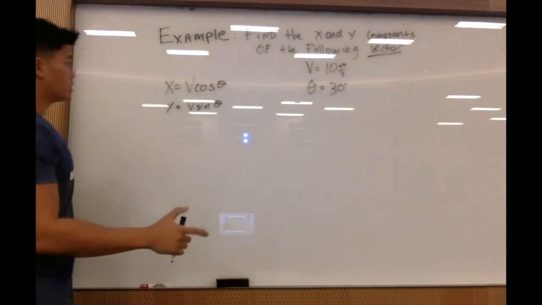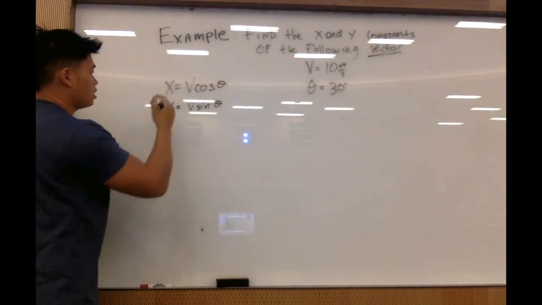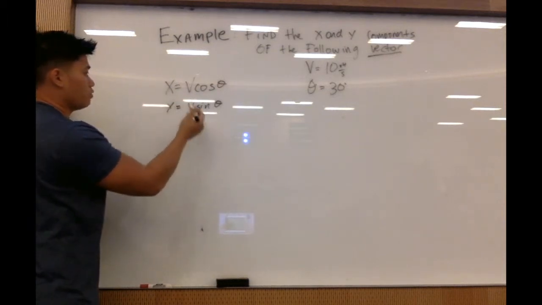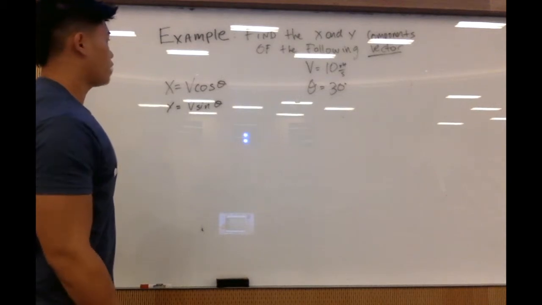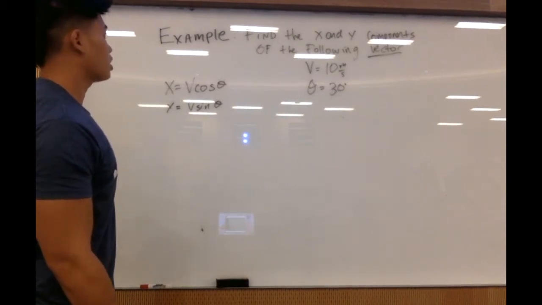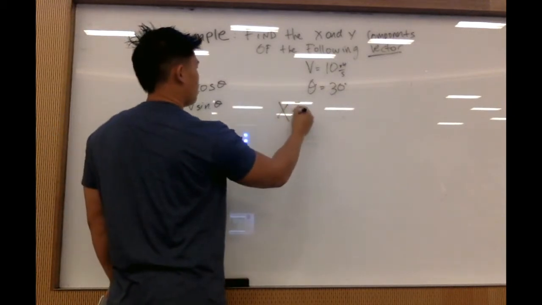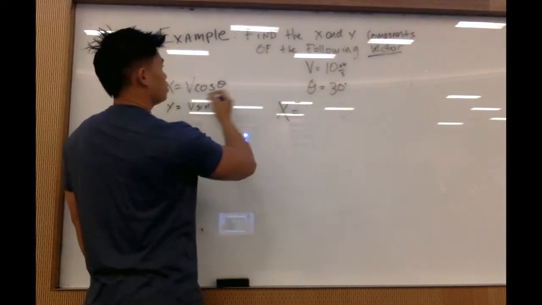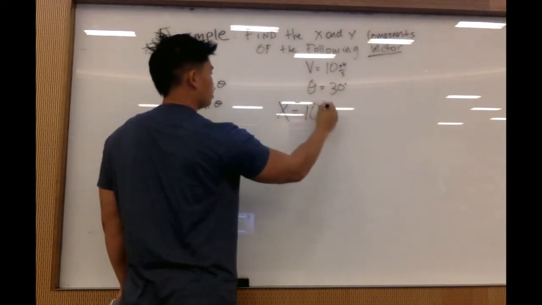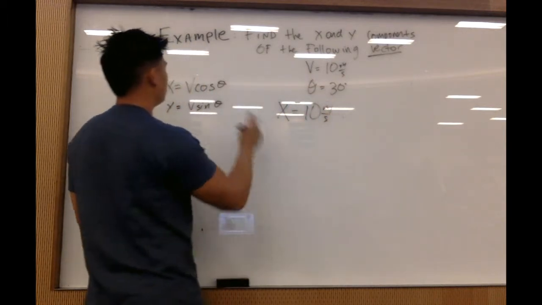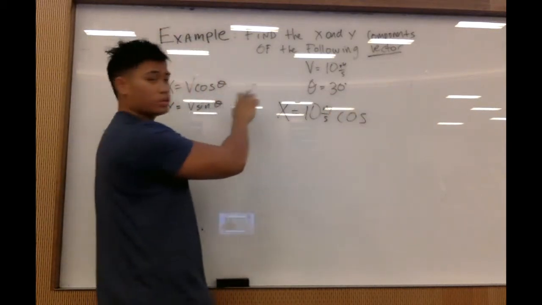First of all, remember your x and y components: x equals v cosine theta, and y equals v sine theta. So first of all, to find your x component, you take x equals your v, which is 10 meters per second, cosine your angle, which is 30.